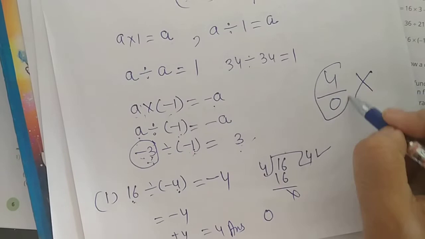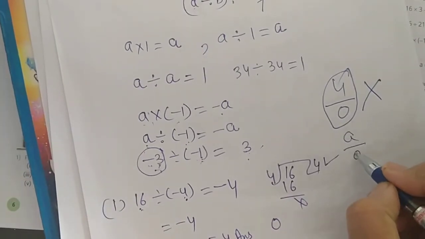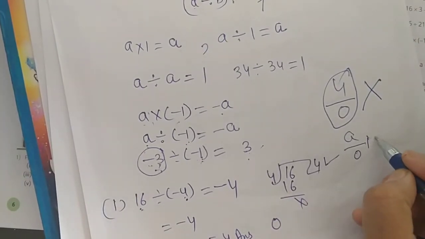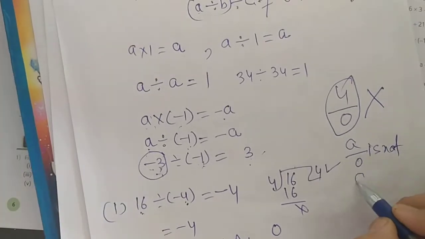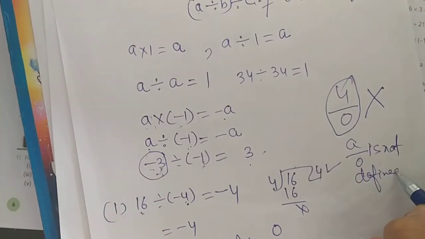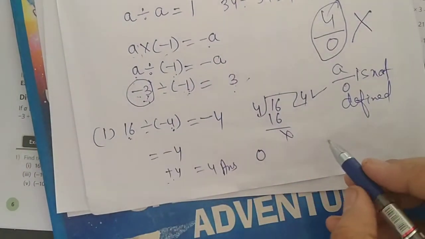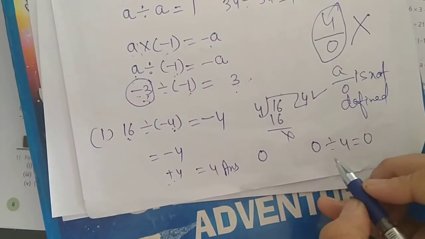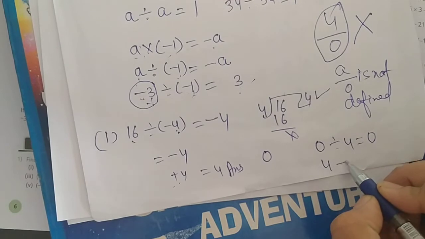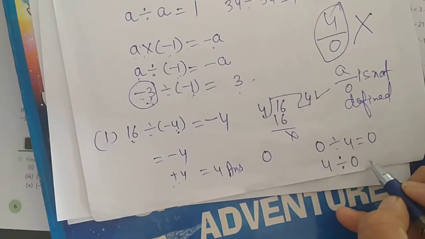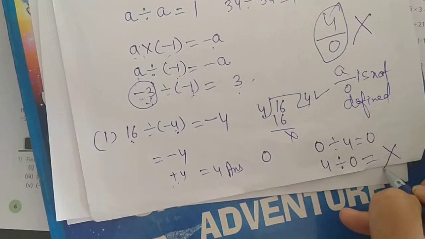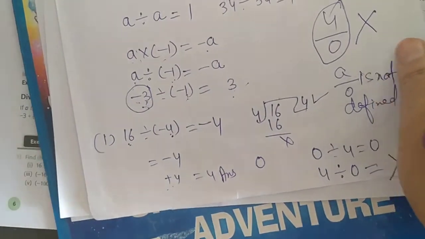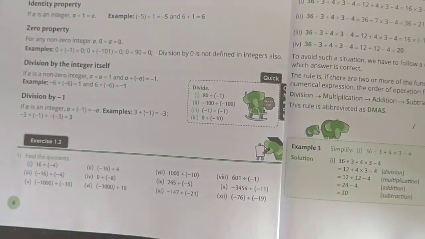It will not exist, meaning A upon 0 form is not defined. We can only write 0 divided by 4 is equal to 0, but never write 4 divided by 0, because this is not defined. I think the concept is clear to you.